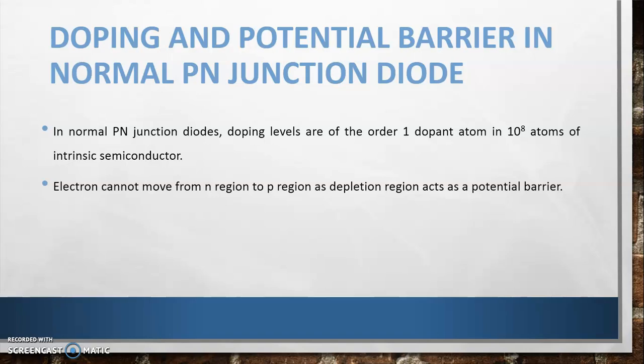So electrons cannot move from the N region to the P region due to this potential barrier.